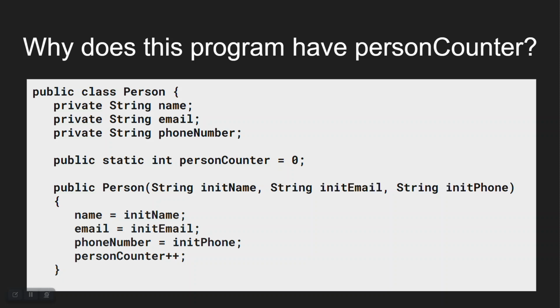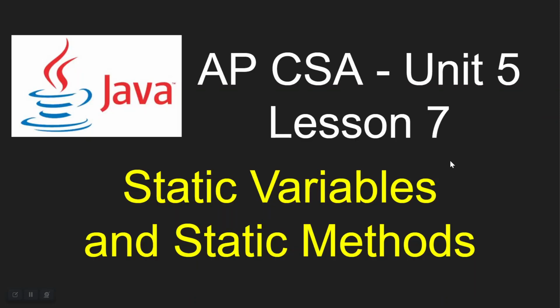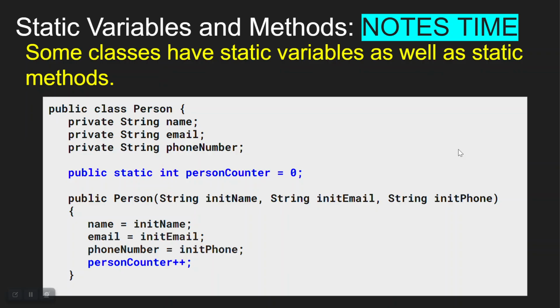This lesson is all about what static variables and static methods are. So going back to our person class with the person counter variable, some classes have what are called static variables, as well as static methods. Every person object will have its own name, email, and phone number.